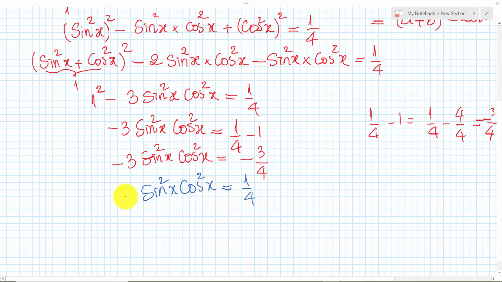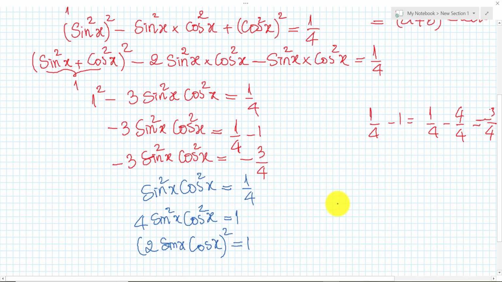And then we multiply both sides of this equation by 4, and we get 4 sin^2(x) times cos^2(x) equal to 1. And then I can write (2 sin x cos x)^2 equal to 1. We know the rule sin(2a) = 2 sin(a) cos(a).